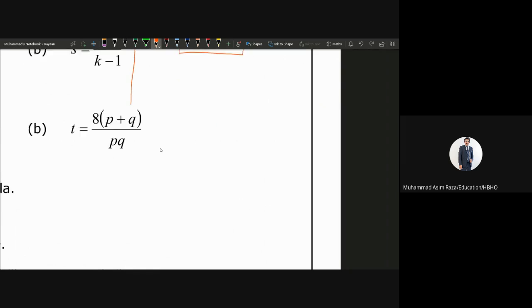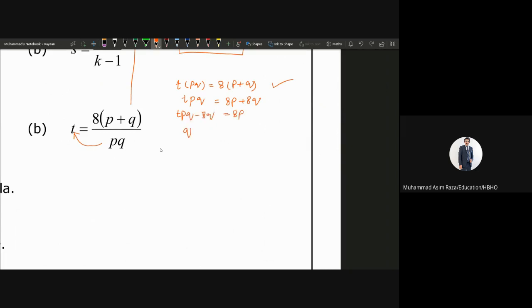Same goes over here. You have to make q the subject of the formula. Just take it onto this side and write it down like t into pq is equal to 8 into p plus q. And now expand them so that you can have tpq is equal to 8p plus 8q. This is the linear equation that I usually say because it has no fraction in it. So tpq minus 8q, yeah, exactly. So tpq minus 8q is equal to 8p.